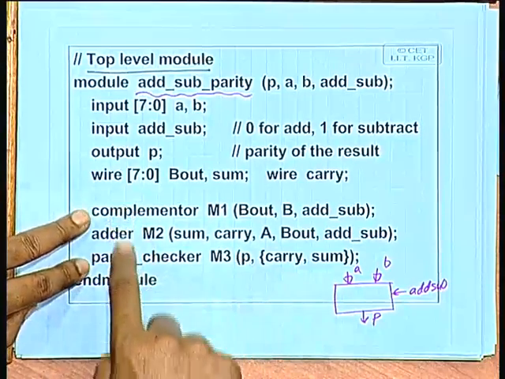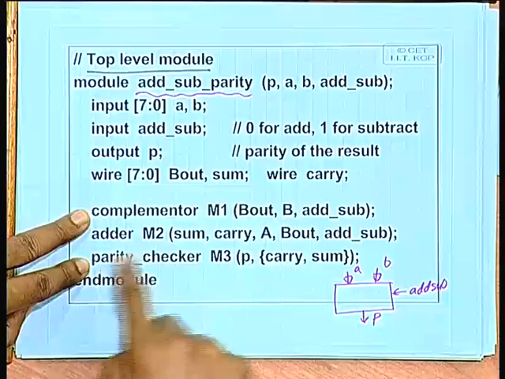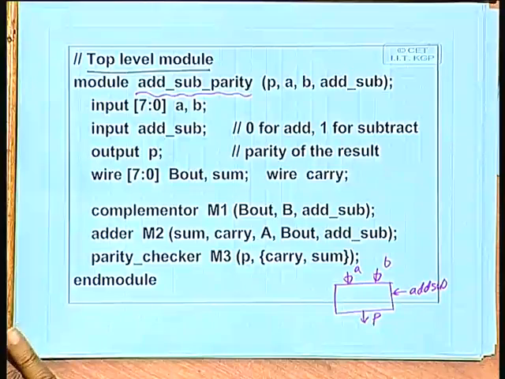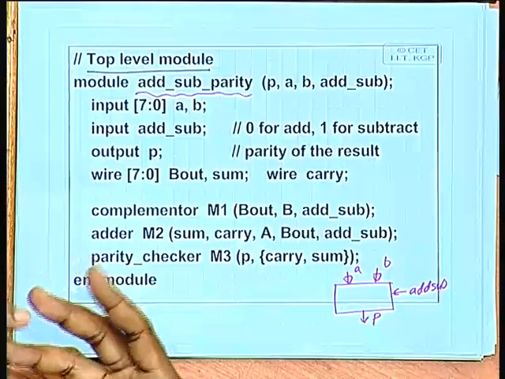Once we instantiate these, the interconnection between these modules gets automatically defined, right. So, this example shows how we can create a design hierarchically. Starting with the low level modules, we can get a design at a higher level, going up step by step.